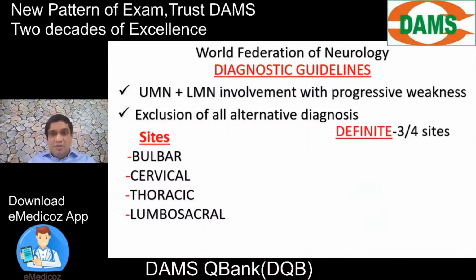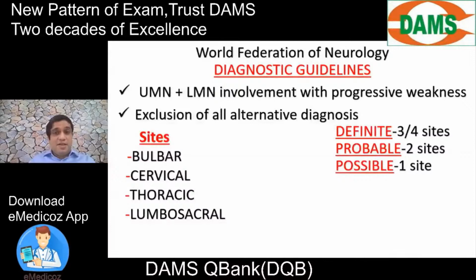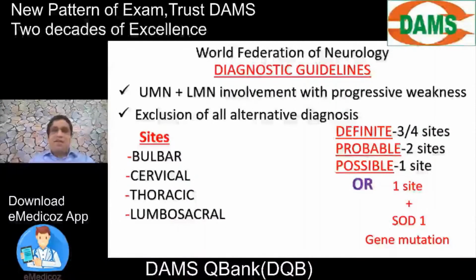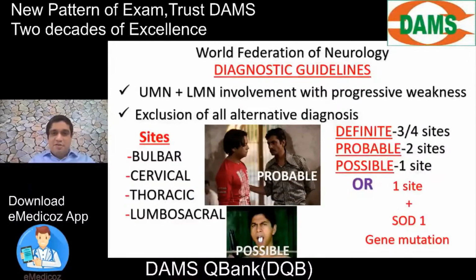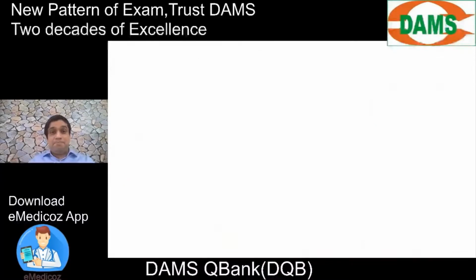If 3 or more sites are involved, it's a definite ALS. If 2 sites are involved, it's a probable ALS. If just 1 site is involved, it is possible ALS. Or other conditions apply: sometimes you can have only 1 site involved, but the person shows an SOD1 gene mutation. Then you can think of it as a case of definite ALS. So what do we have here? We have a possible ALS, we have a probable ALS, and we could also have a definite ALS anytime.